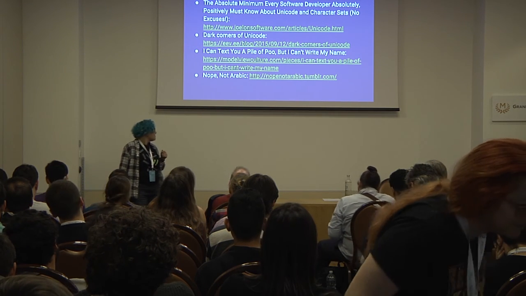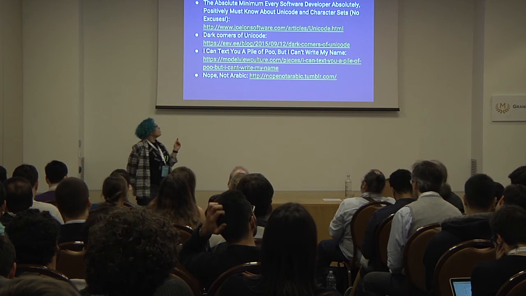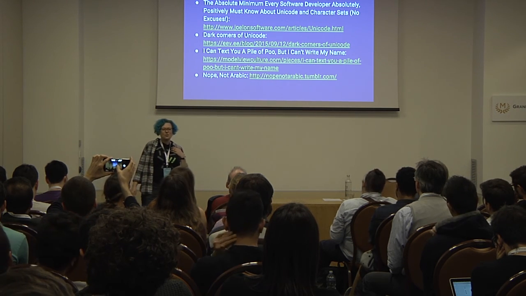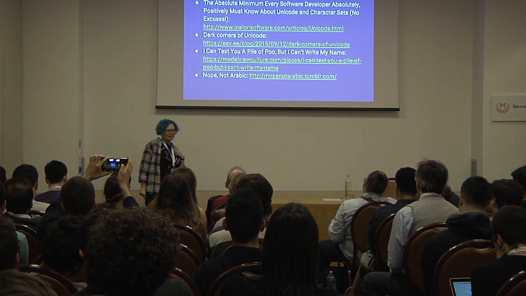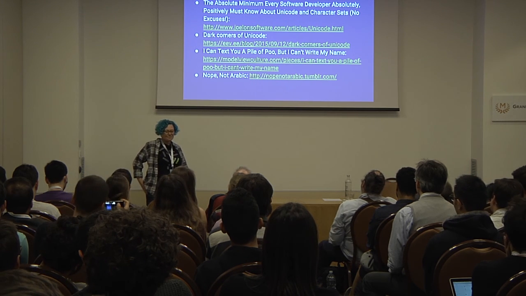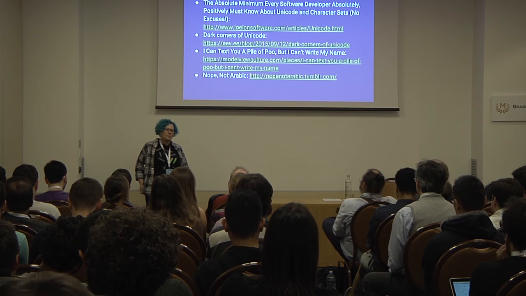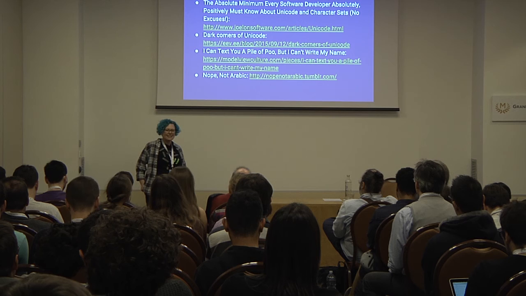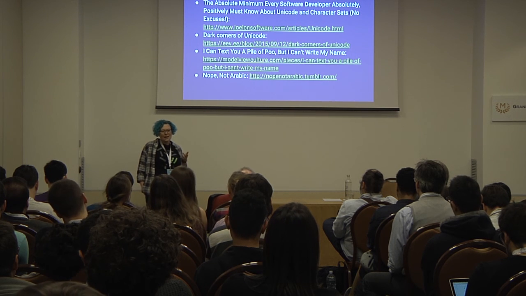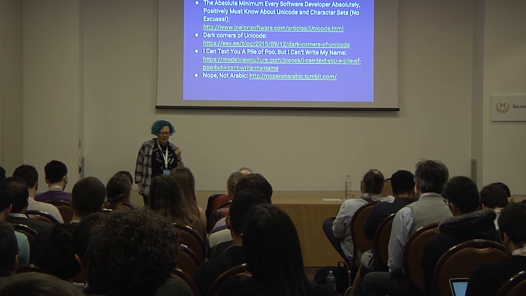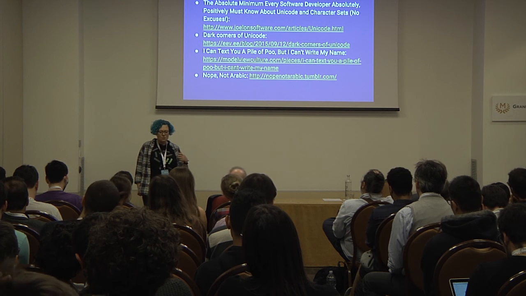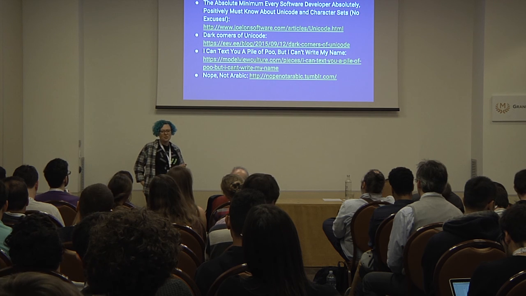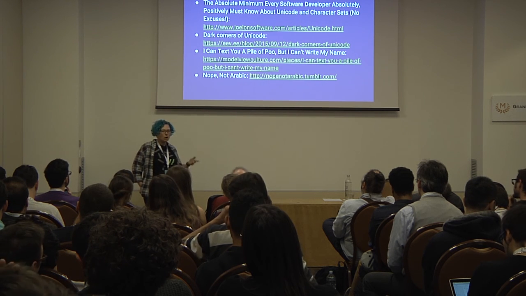But I will just say, this is my links page at the end of the talk, and one of these links, the second from the bottom, "I can text you a pile of poo, but I can't write my name," actually deals with the problems of someone whose native language is, I don't remember exactly, one of the Indian languages. His problem is that there are characters that he needs to write in his name, for example, which don't have their own Unicode code points. They can only be composed.